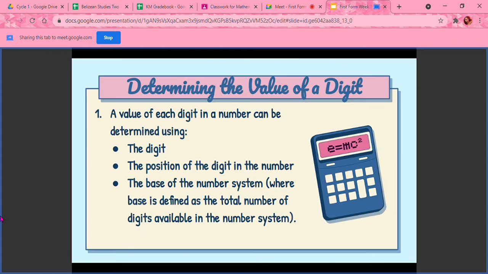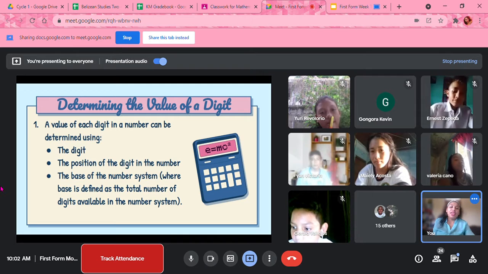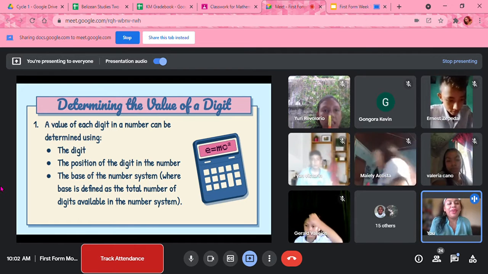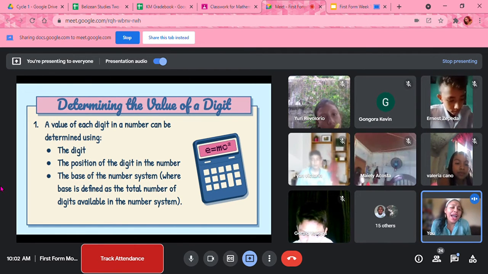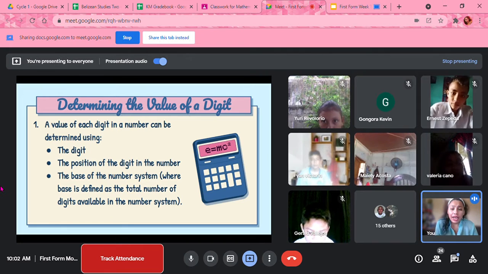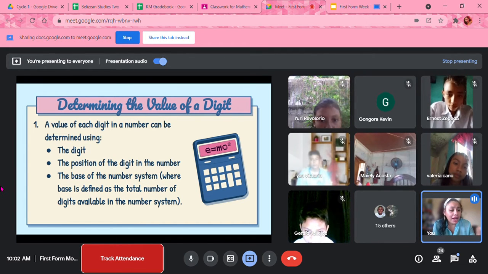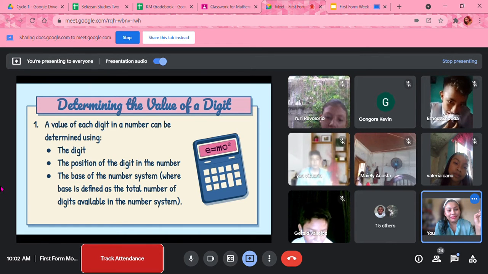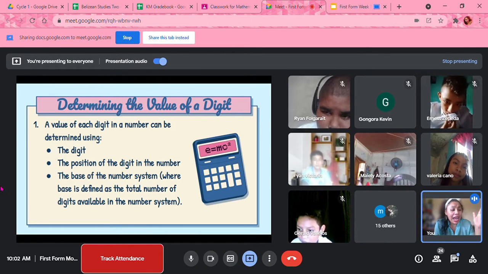So, determining the value of a digit. If I give you a number and I tell you, okay, 127 has a 1, a 2, and a 7. And I tell you, give me the value of the 2.